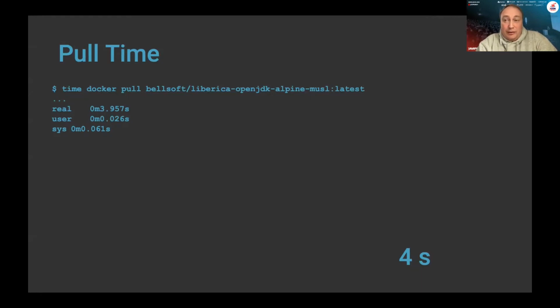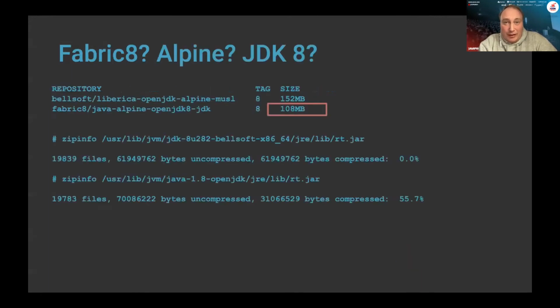Because then you transfer your image over the network, over the wire. You compress it again. And what happens if you compress already compressed archives? The resulting archive becomes much larger. So that's a problem. That's not free, and it's not good.